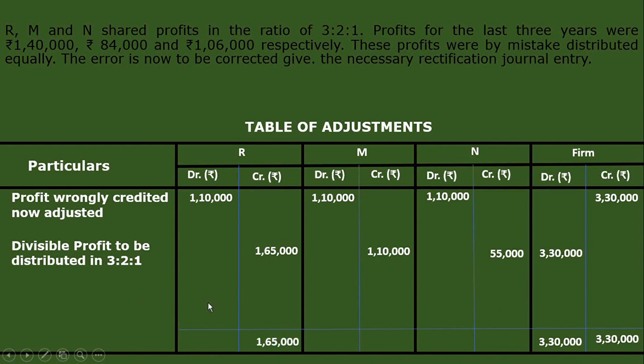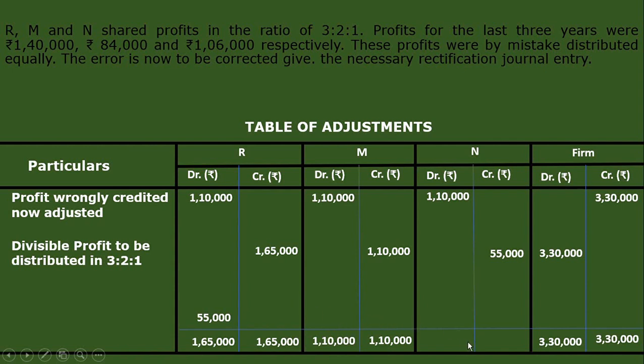Next, we have to make the final balance. As you know, we have to take the greater amount first, 1,65,000. Write down this figure again here and take out the balance, and it will come 55,000: 1,65,000 minus 1,10,000 is equal to 55,000. Next, for Mr. M also, both sides are equal, so there should not be any balance.